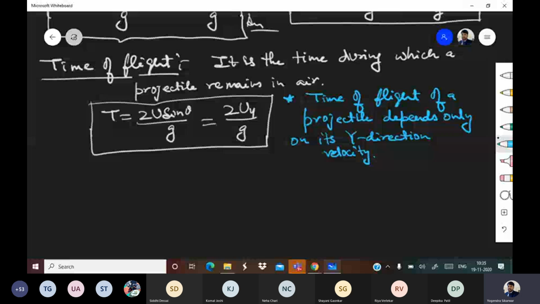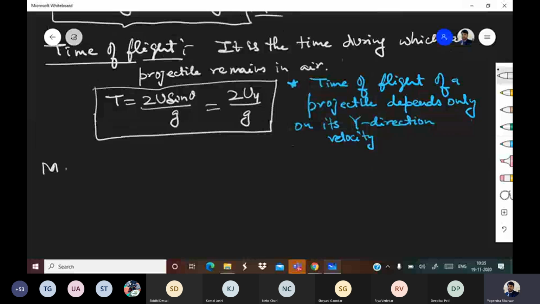Then comes maximum height. Maximum height H max.